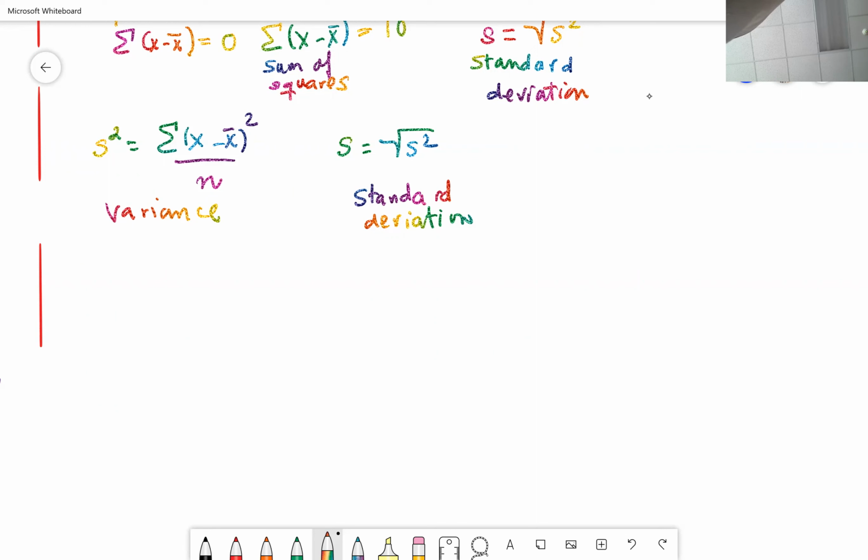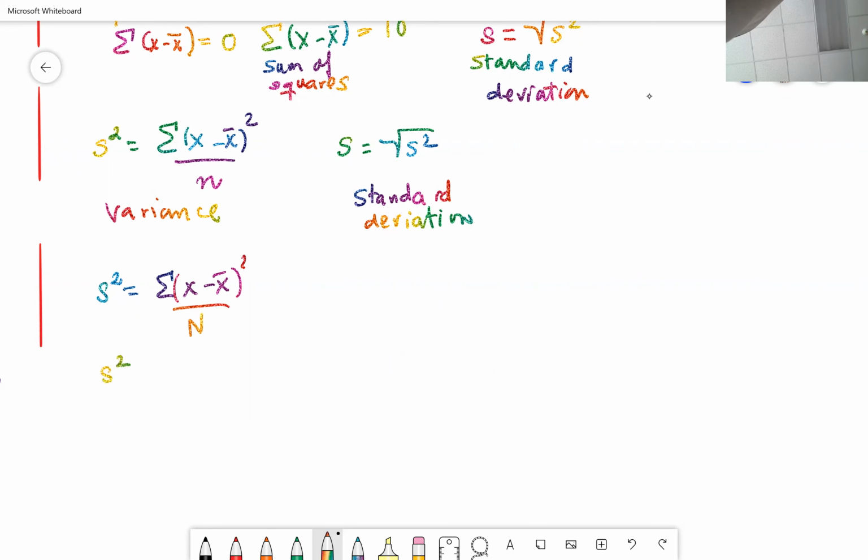So what does the sum of x minus x bar squared mean? Well, it means this. Let's say I start here with s squared, which is the sum of x minus x bar squared divided by n.